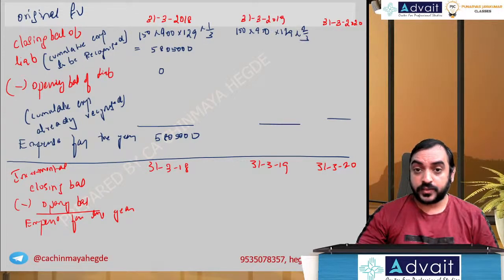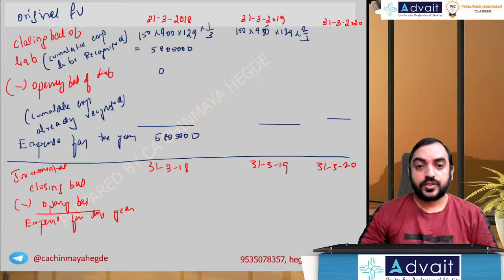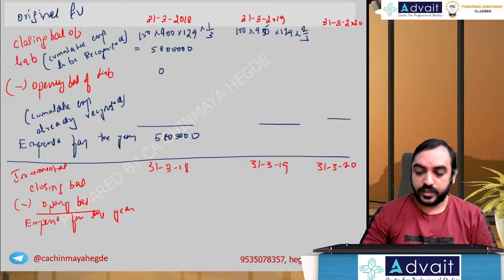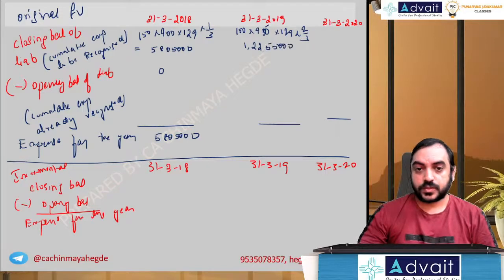That is the closing balance: 150 into 950 into 129 into 2 by 3, which is 1,22,55,000. Opening balance is previous year closing, that is 58,05,000. And the balance is current year expense, that is 64,50,000.